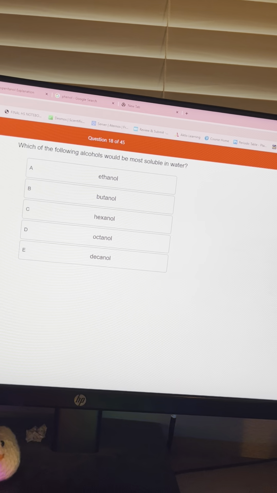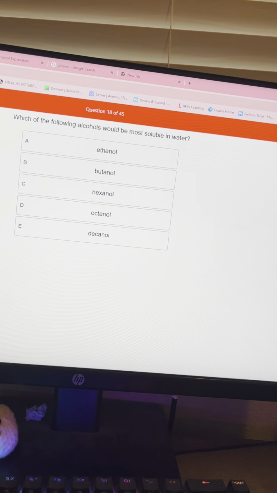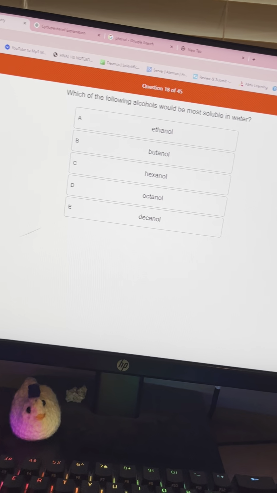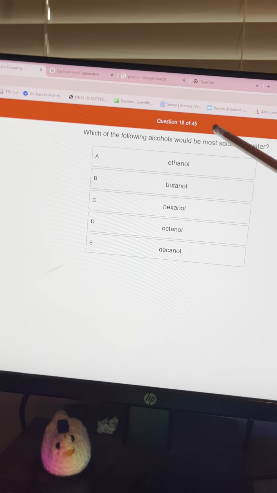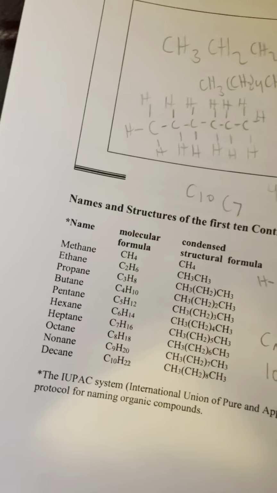Okay, and the alcohols that are most soluble are the ones that have the least amount of lines. So if we draw these all out, ethanol, remember ethane, whichever ones have the least amount of carbon in them.